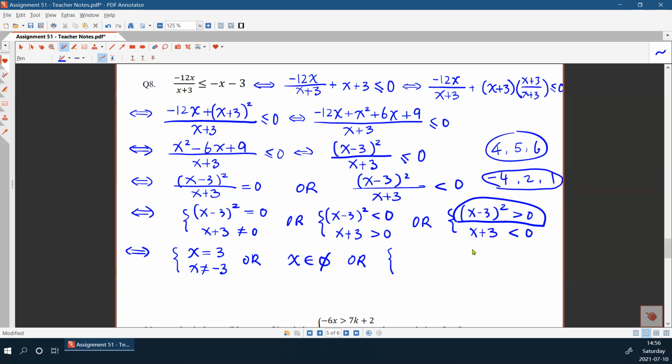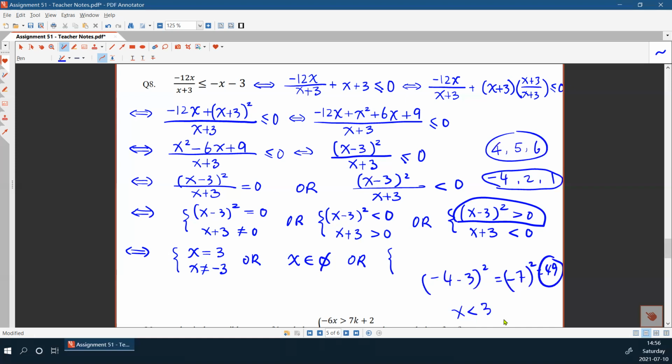You know why? Minus 4 minus 3 squared equals minus 7 squared, which is 49, right? 49 is, of course, greater than 0. Do you see that? So can x be less than 3? Why?